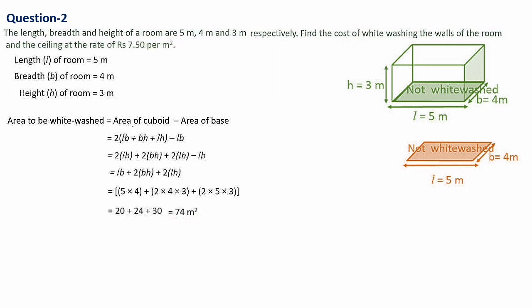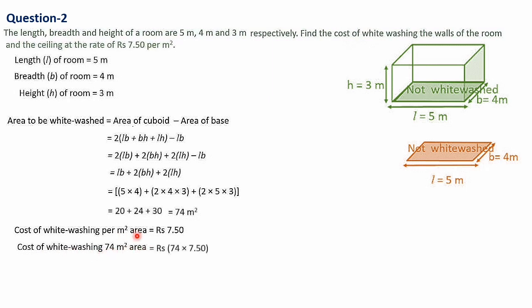But what we have to calculate is the cost of whitewashing. The cost is given to us per meter square, means for 1 meter square area it is 7.50. So we have 74 meter square area. The cost of whitewashing 74 meter square area is 1 meter square 7.50 rupees, and 74 meter square means 74 into 7.50.